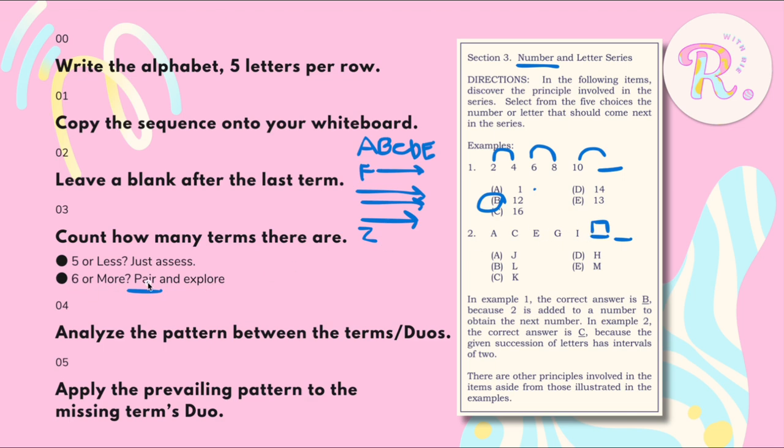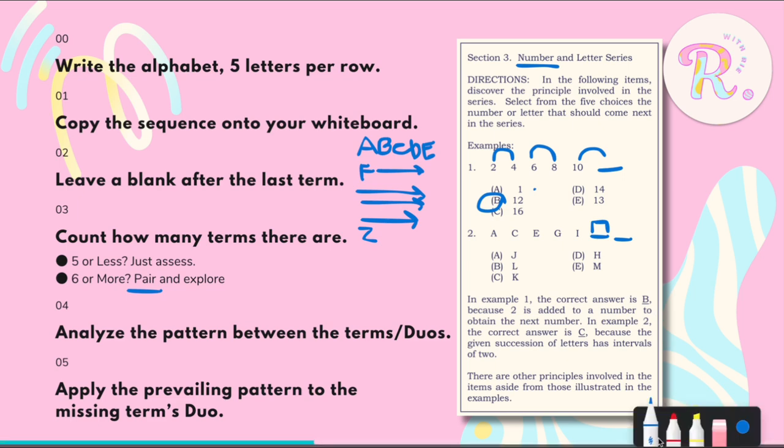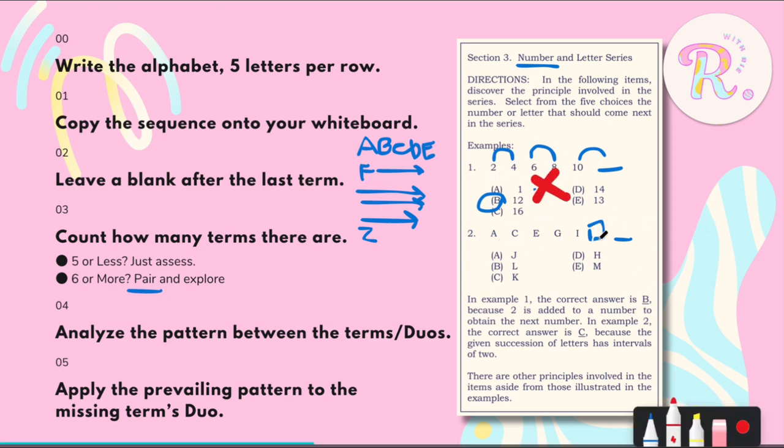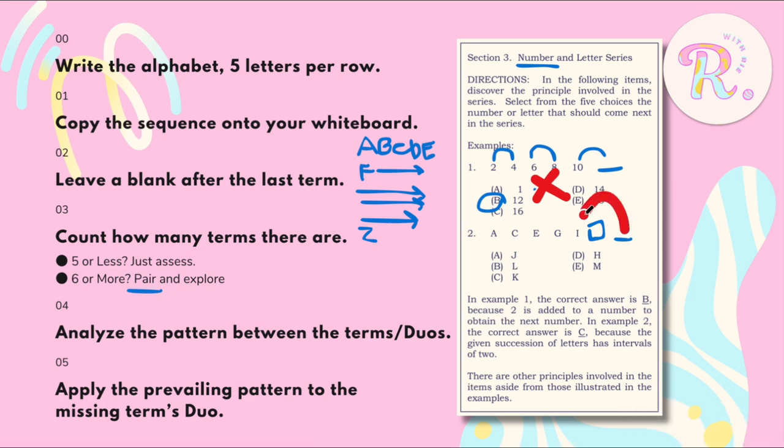What you do is that instead of pairing it to its kapitbahay or adjacent, you actually leave a letter. Okay, you don't do it like your number series. What do I mean by leave a letter? You skip. You leave a gap, you jump. Okay? And then anything that is not included in your pairings, you don't mind. Okay? You don't entertain.